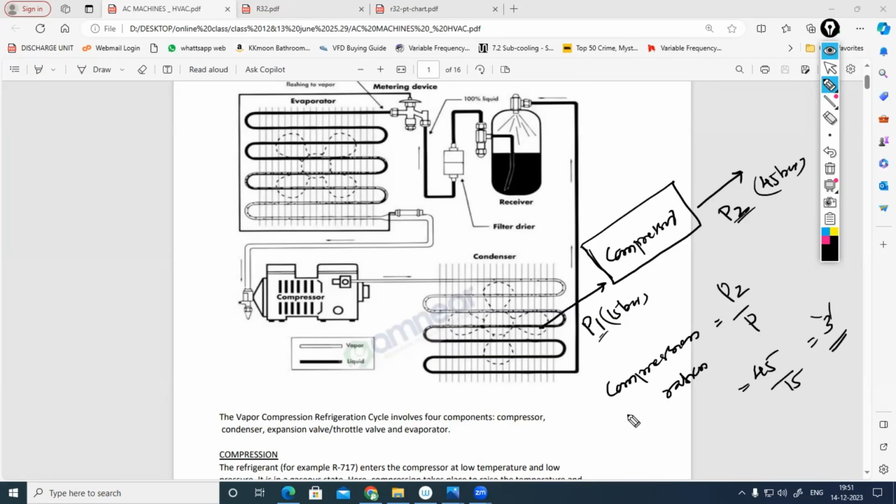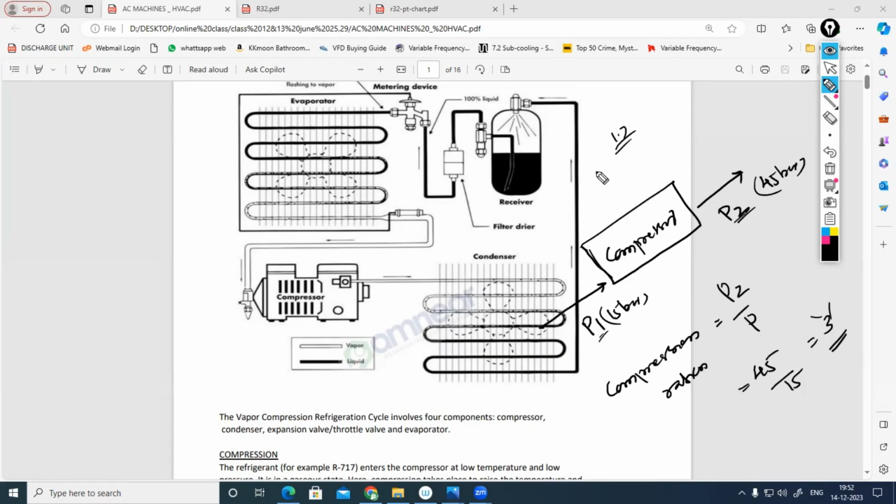Understood? See, the compression ratio will vary with respect to the type of manufacturer and how much efficiency your compressor has. Nowadays, with inverter technology compressors and all, we have dual technology, triple technology compressors. Those types of compressors have an efficiency and compression ratio higher than 2, 3, sometimes 3.5.